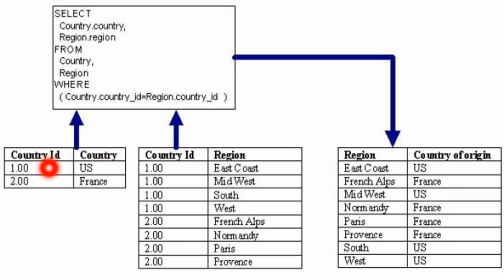Here we have used country IDs 1 and 2. In this result we will get the region and the country of origin. The first one is the East Coast. For this East Coast, the country ID given here is 1.